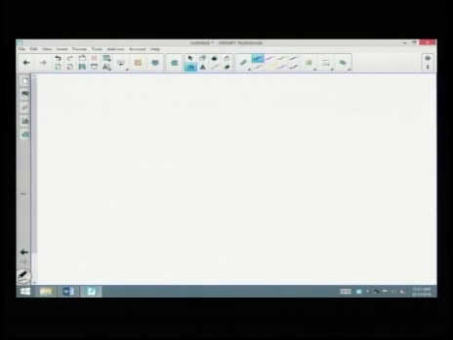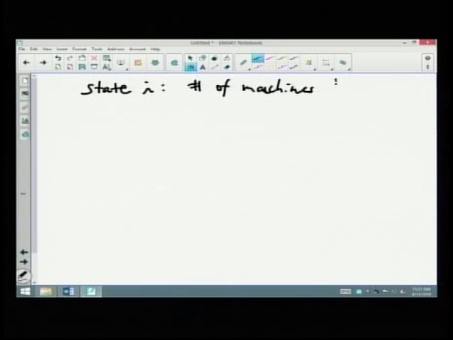So let's define the state of system. Let's say state i represents, okay, this time the number of machines broken down. So that's going to be our state of system, number of machines broken down.